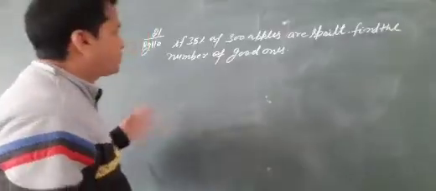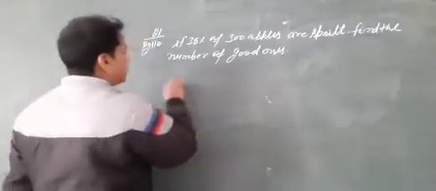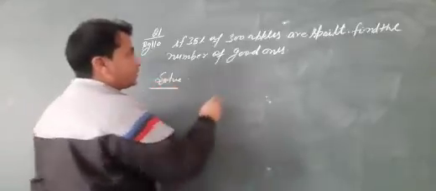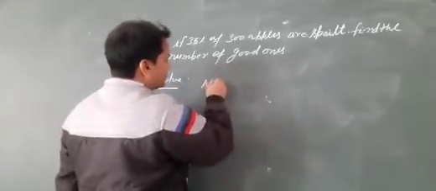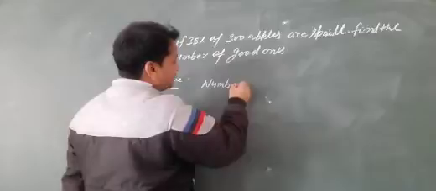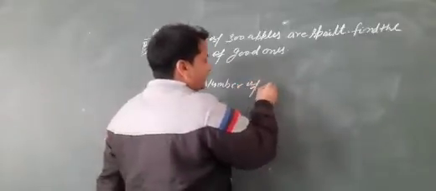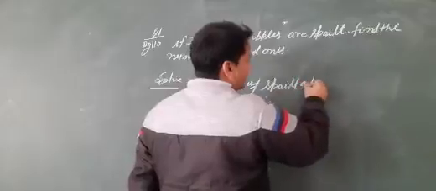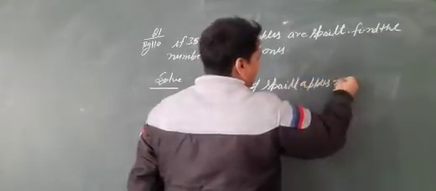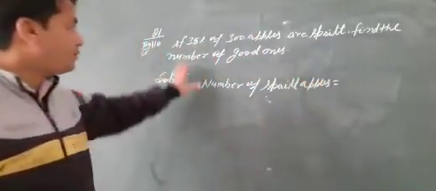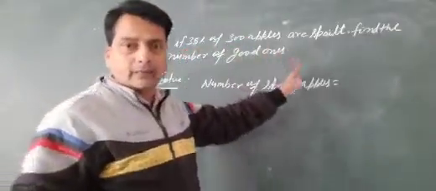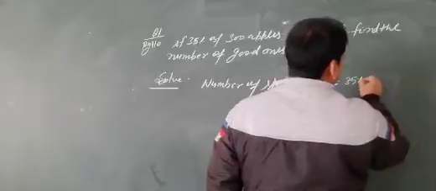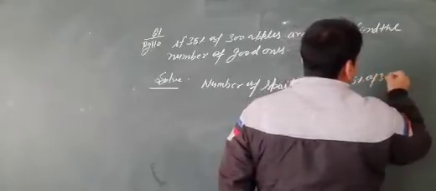So the number of spoiled apples. Clear? Then 35% of 300.